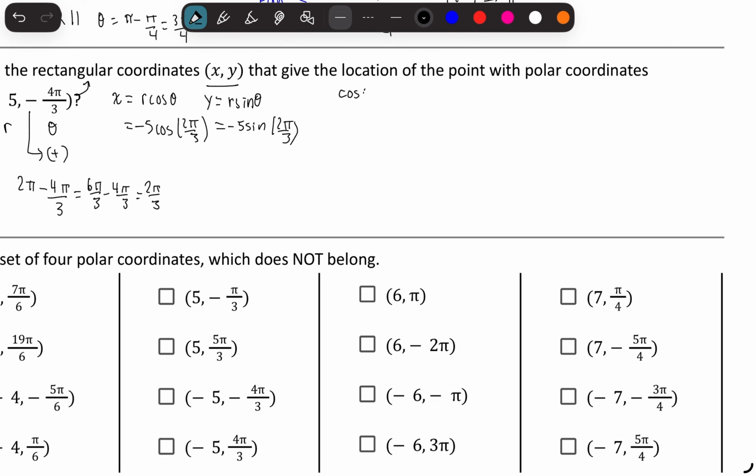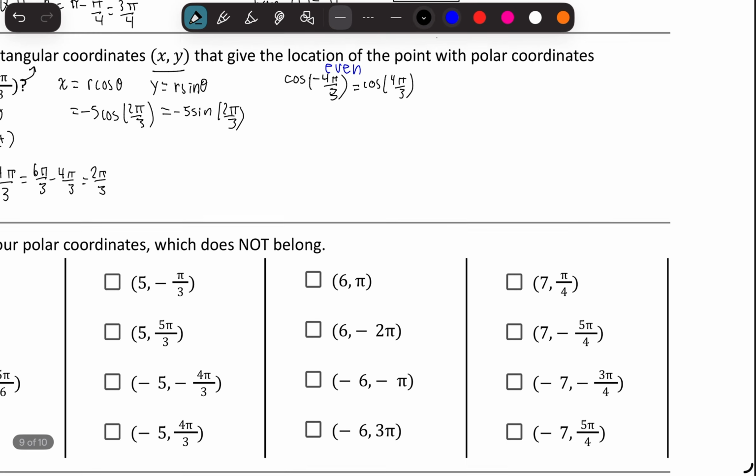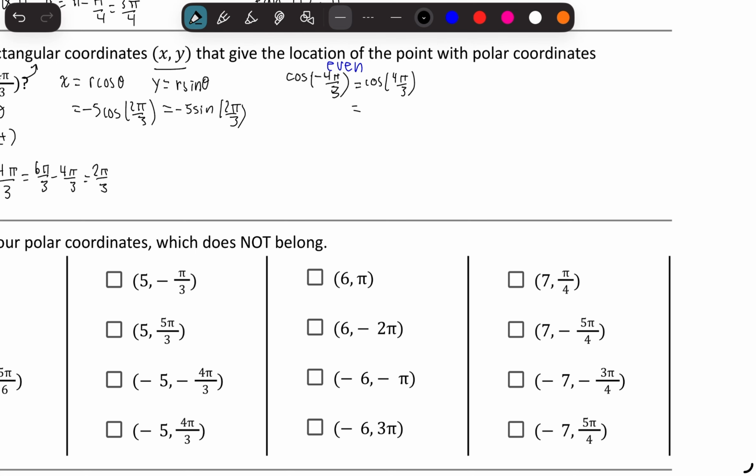So cosine of -4 pi over 3 has the property of being equal to cosine of 4 pi over 3. That's because cosine is even. And 4 pi over 3 on the unit circle, that is 4 times 60, which is 240, which is going to be here. That is going to be -1/2.